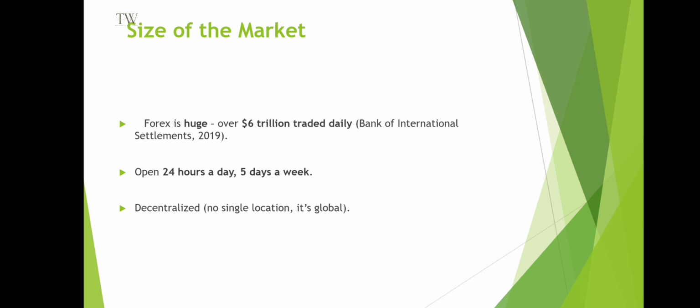All right, and it is usually open for 24 hours 5 days a week. I don't know if you're familiar with other financial markets like crypto, like indices. You find out that these markets are usually open 24 hours 7 days a week, but it's different for Forex. You get to trade Monday to Friday and the whole 24 hours in that day. I hope that is understood.